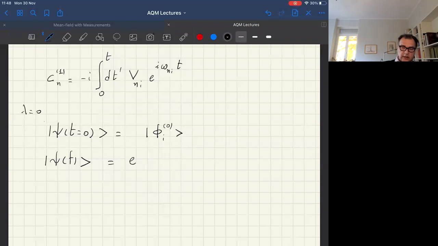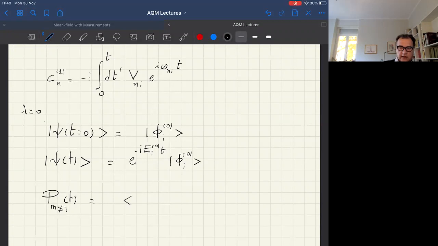So it's just e to the minus i E0 of I t, applied to the state, phi 0 of I. Then I want to know the probability that the system is in the state M different from I at a later time.